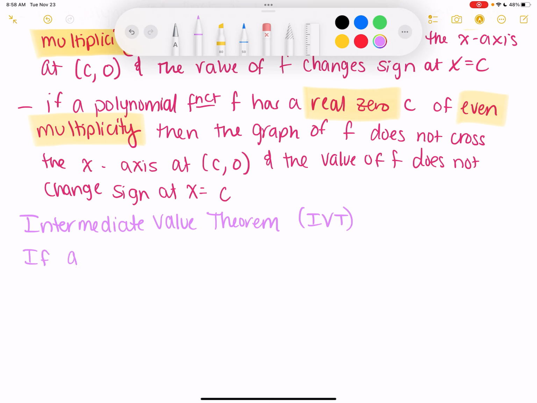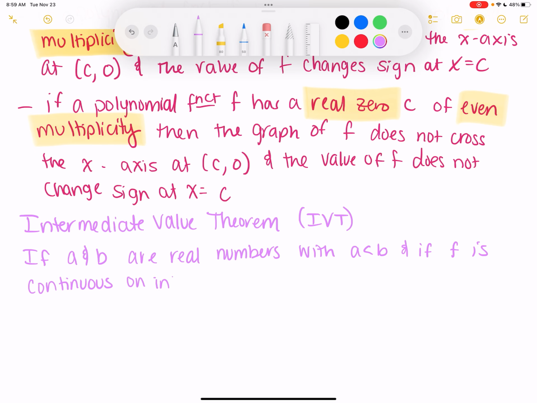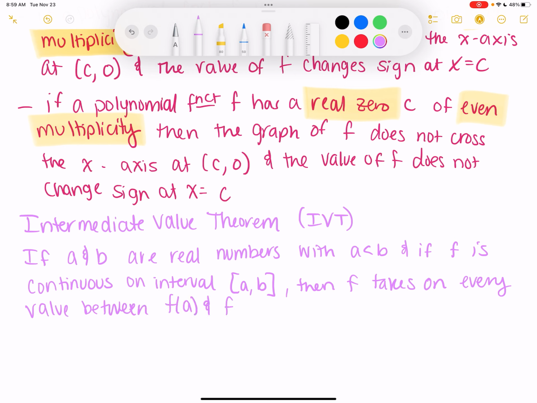If a and b are real numbers with a less than b, and if f is continuous on the interval a to b, then f takes on every value between f of a and f of b.